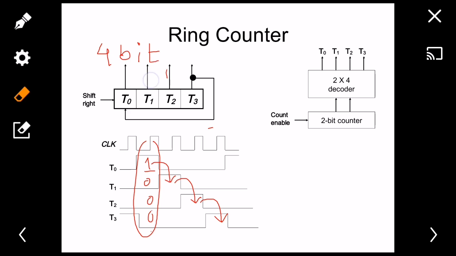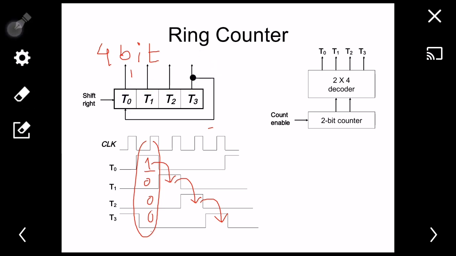So it's something like this, and then the next clock pulse it will shift towards this point, and if I put another clock pulse, that is the fifth clock pulse, it will move again to this position, and so on. You can easily understand it will be just circulating.